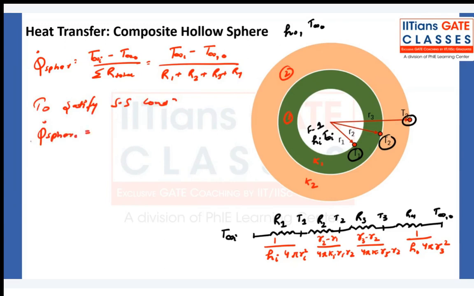Let's say T infinity in minus T3, then the resistance will be R1 plus R2 plus R3. Or you can take any two, like T2 minus T3, so you take R3. Whatever you want to take, no problem. Is it clear? We are repeating the same thing, so it must be clear.